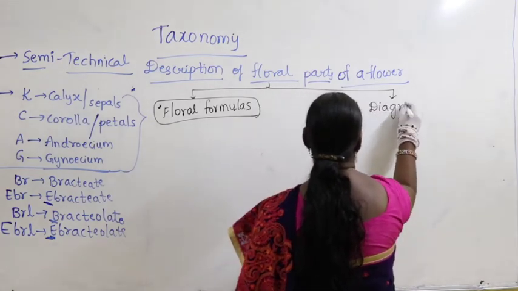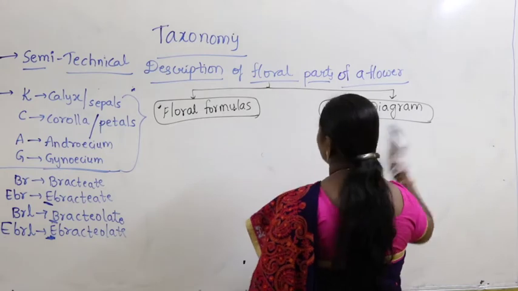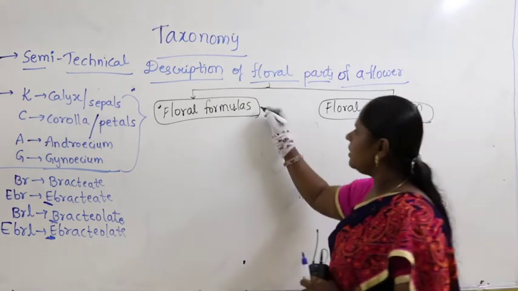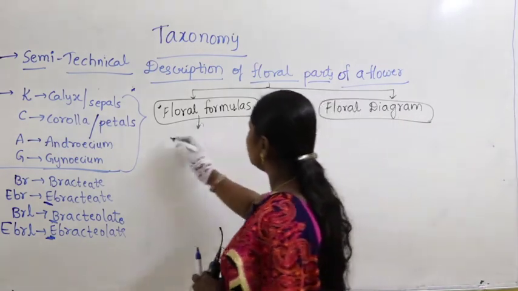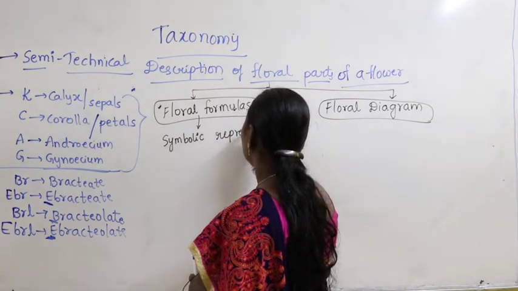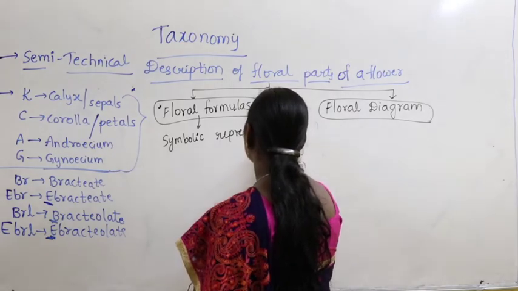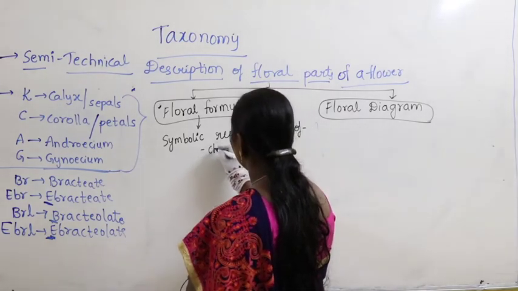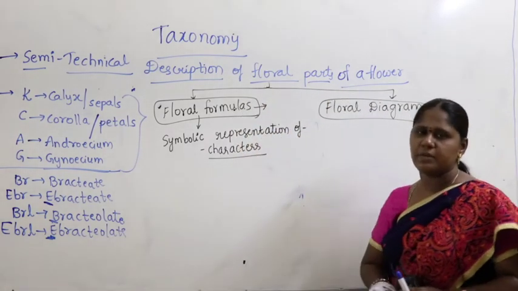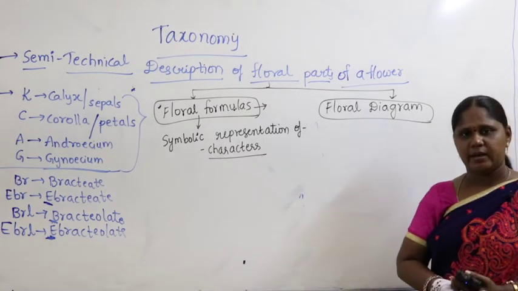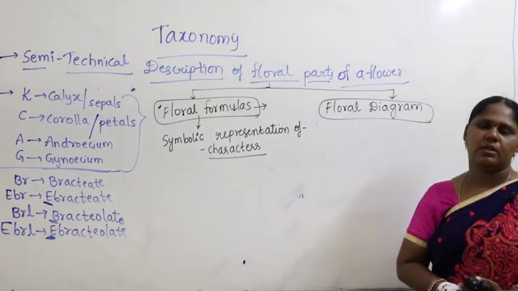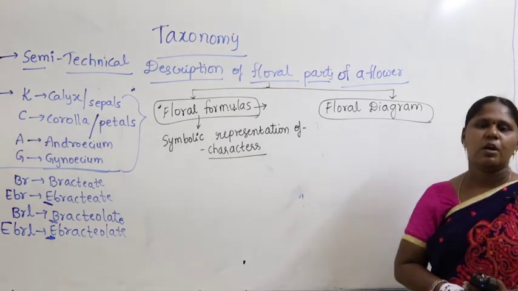Now the floral formula is nothing but, as we have discussed yesterday, symbolic representation of characters. So what characters? As we have discussed, morphological characters, which are also called vegetative characters. Along with the morphological characters, we even study what are called floral characters.